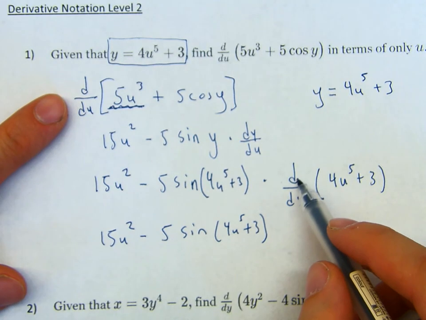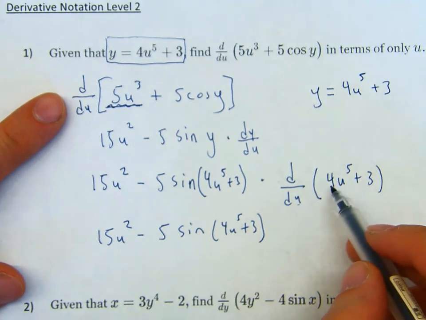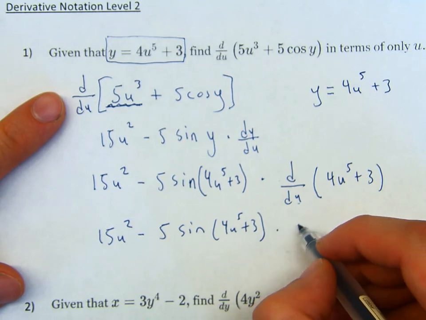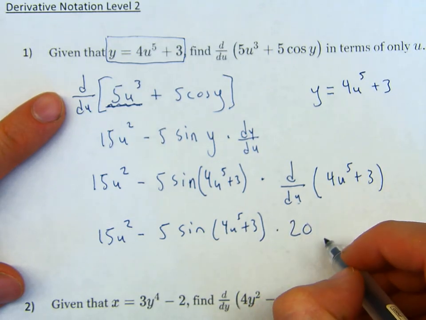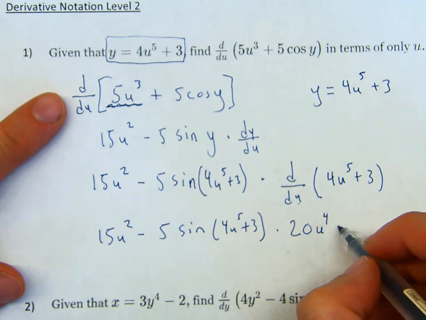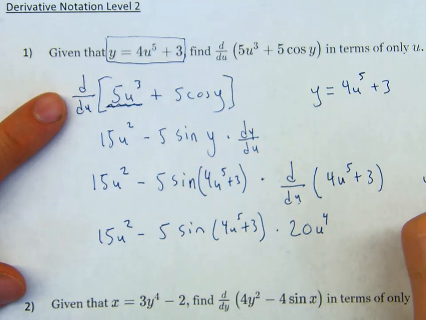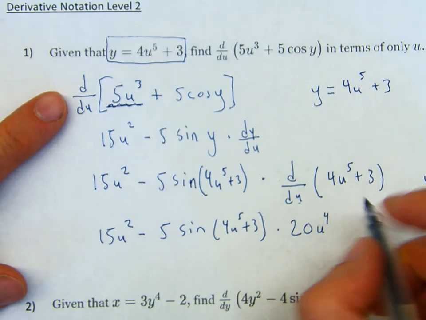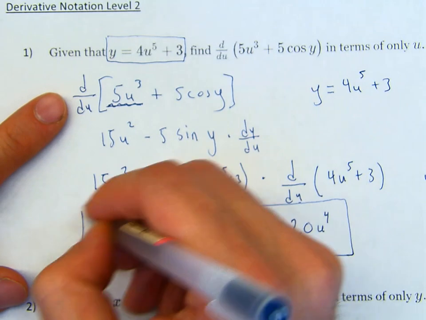And now you could take d du of this, because notice that these two match, and this will be times 20u to the 4th. And there is that u prime over here, but what is u prime over here? It's 1. And then what's the derivative of 3? That's it. And we finished the question.